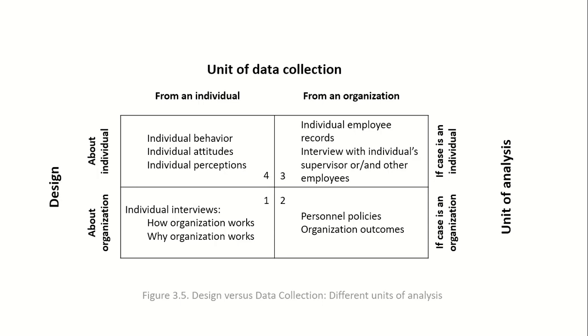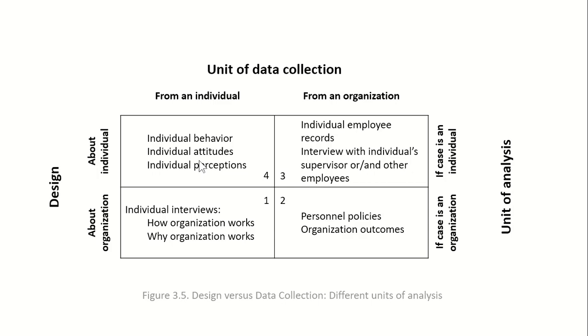This table demonstrates how you can combine units of data collection with units of analysis when you are doing the design of a case study. Let's say you want to study some individuals, but you can collect data actually from two levels, either from individual or from organization.